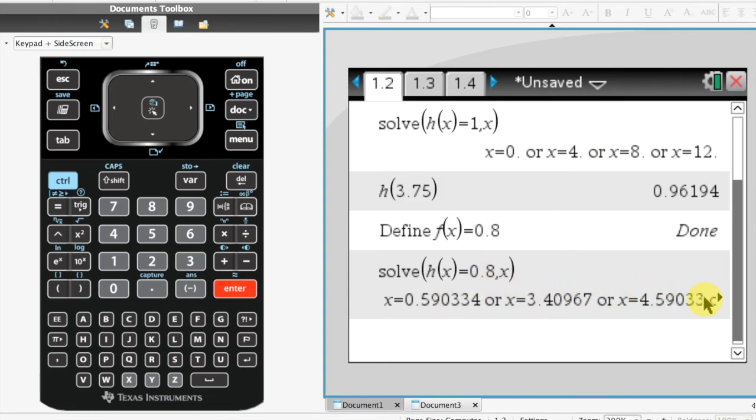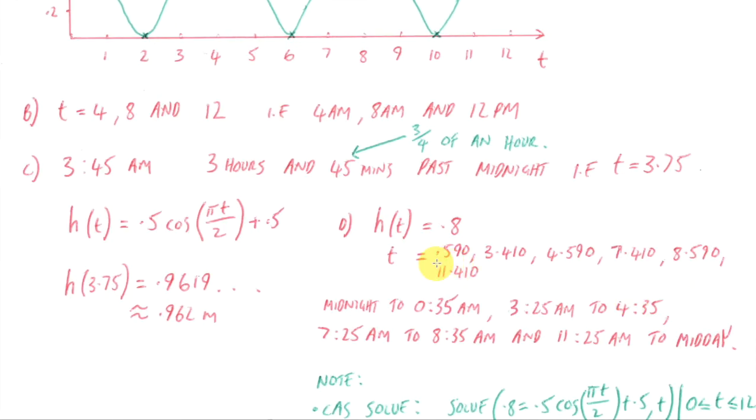You can read those off there. Now in my solutions, what I've done here is worked out those values, and then I've converted those to actual times. So you can see that 0.59 represents 35 minutes AM, so 0 hours 35 AM, and so on.